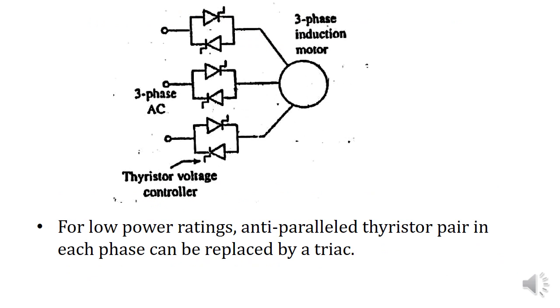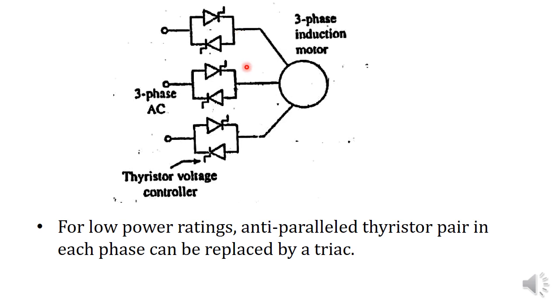Next, this is an AC voltage controller used to control the speed of a three-phase induction motor. Here you can see that instead of using triac, two anti-parallel SCRs are connected for a particular phase.